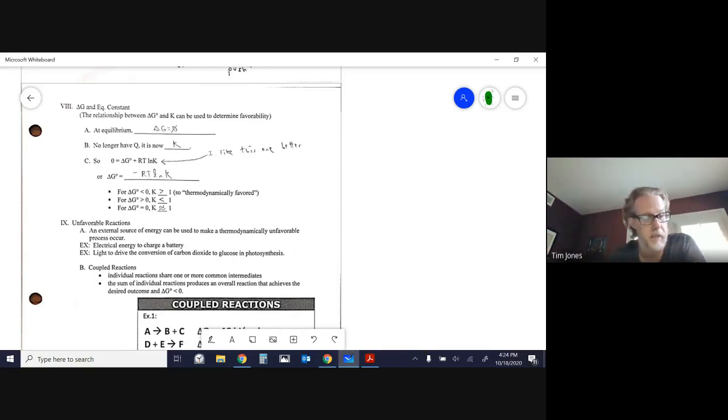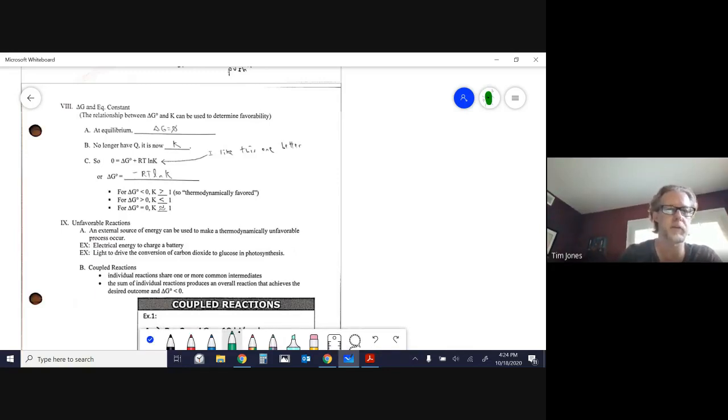If this is the case, if you are at equilibrium, we can make a more advanced jump and we can get rid of Q and we can now call it K. And so if we're at equilibrium, delta G is 0, Q becomes K, and you get this new equation.